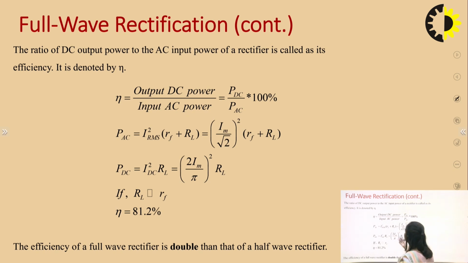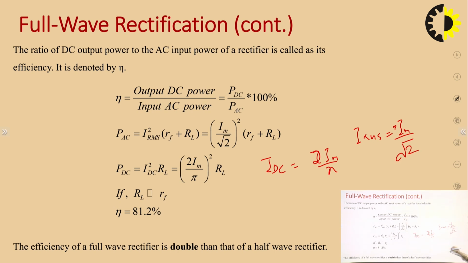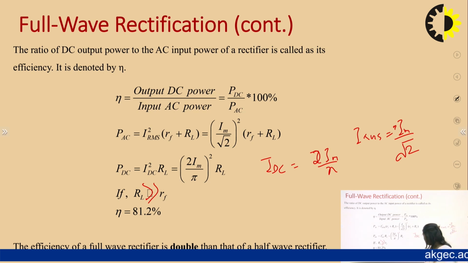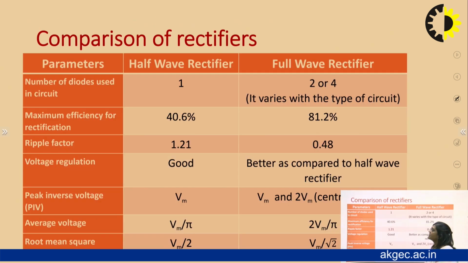Here we calculate the value of Idc, which is 2 Im upon pi, and Irms will be Im upon root 2. These values are put here, and the value of RL is very high in comparison to RF. This is how we calculate the efficiency in the case of the full wave rectifier.